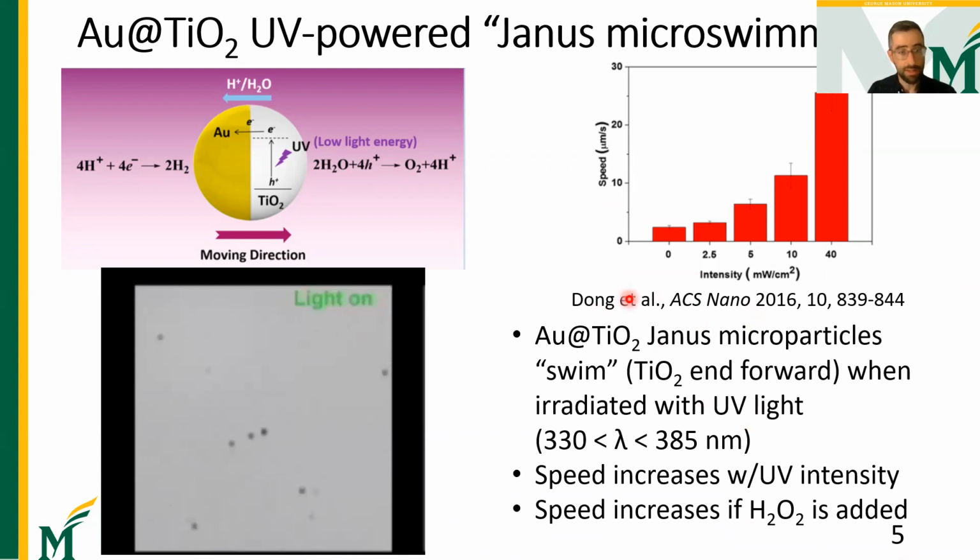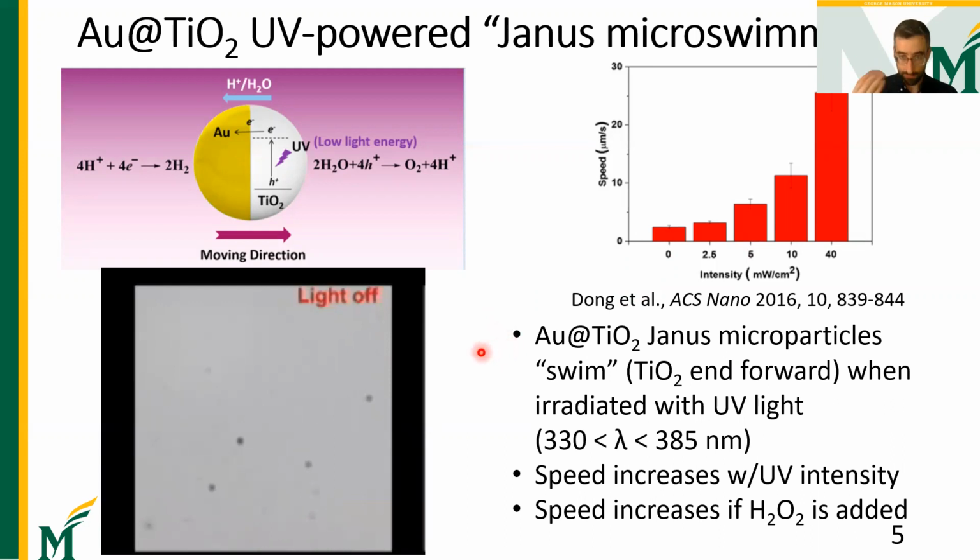Whenever the light is on, the particles propel themselves, and whenever it's off, they stop, and the speed increases with intensity. So many people have hypothesized that self-propelled particles, such as these, could actually accelerate the treatment of wastewater in that the particles see more contaminants per unit time, and the increased fluid mixing could potentially increase the mass transfer to the surface.